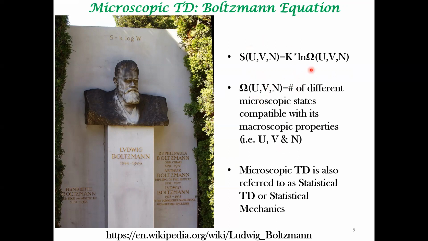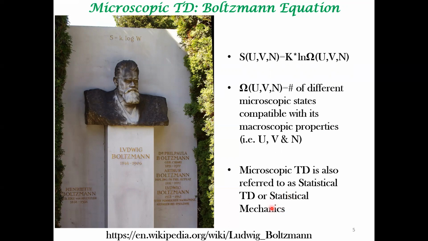So that's one of the reasons why you use ln. We'll see why. What are the other reasons why this equation makes sense? Microscopic thermodynamics is also referred to as statistical thermodynamics or statistical mechanics. There were 3 forms of classical mechanics: Newtonian mechanics, Lagrangian mechanics, and Hamiltonian mechanics. Certain elements of probability distribution functions were introduced by Boltzmann and others, Gibbs, and so on.